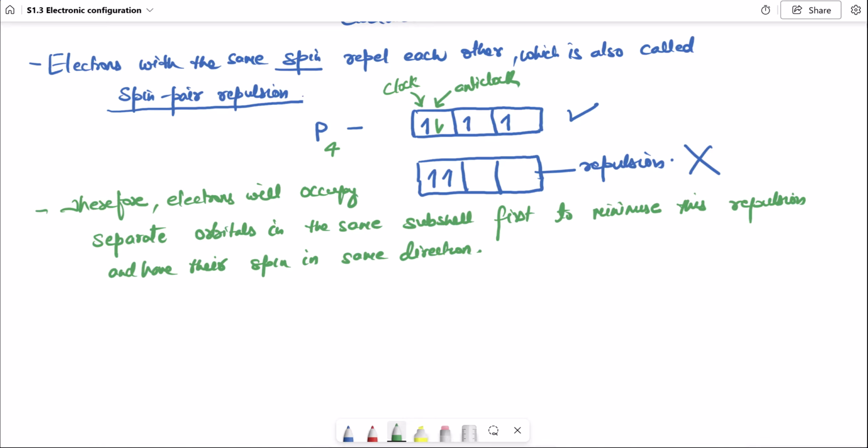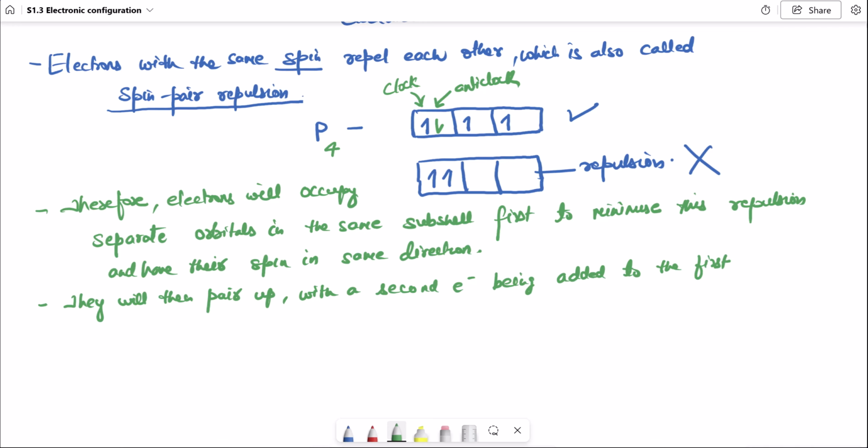So I can mention here that they will then pair up with a second electron being added to the first p orbital with its spin in the opposite direction.